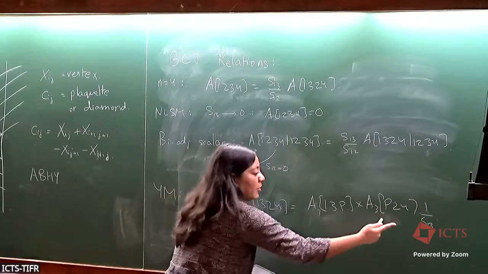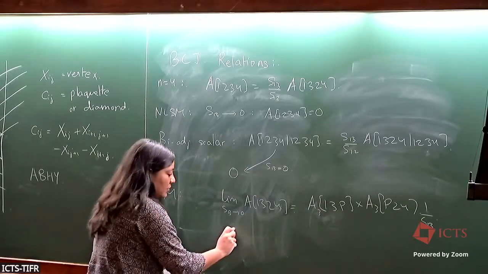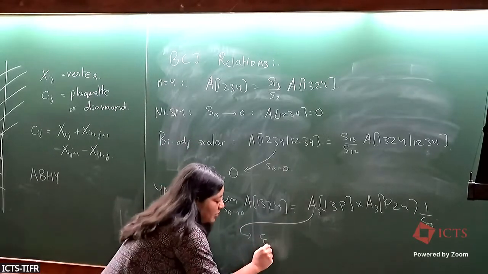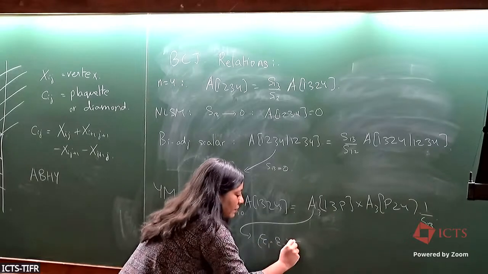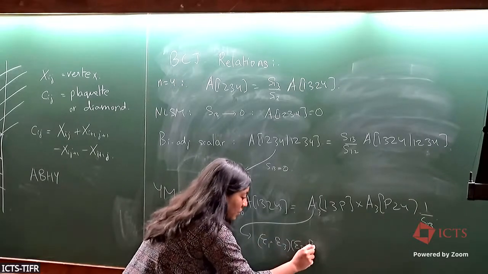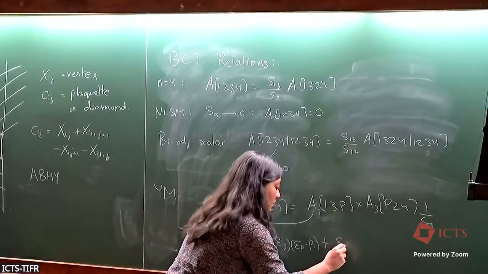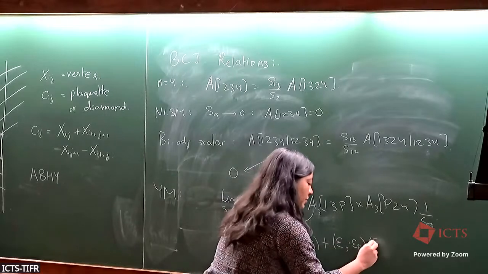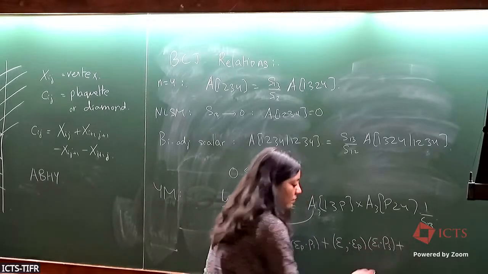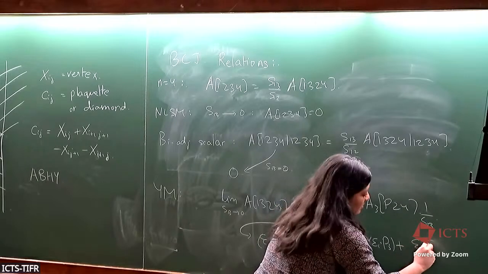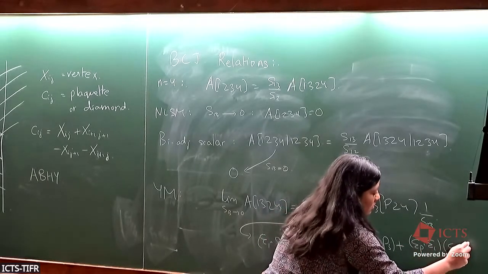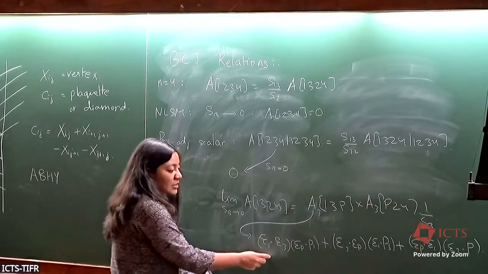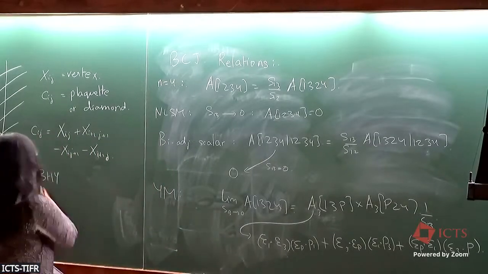But you know exactly what these 3-point amplitudes are. Let me just write this 3-point amplitude: epsilon 1 dot epsilon 3, epsilon P dot P1, plus epsilon 3 dot epsilon P, epsilon 1 dot P3, plus epsilon P dot epsilon 1, epsilon 3 dot P. These are exactly the spin-0 conditions we wrote down over there.